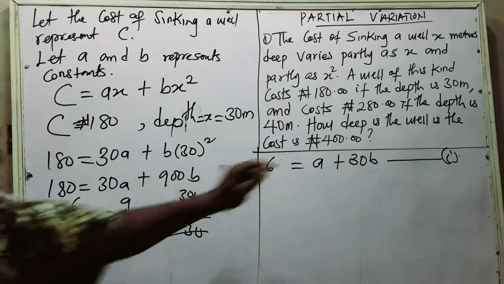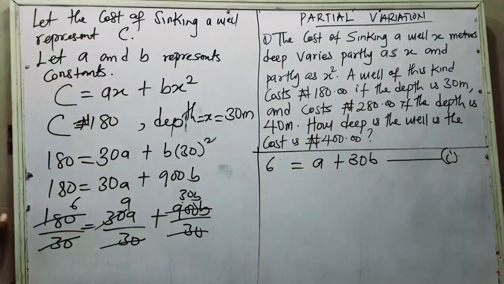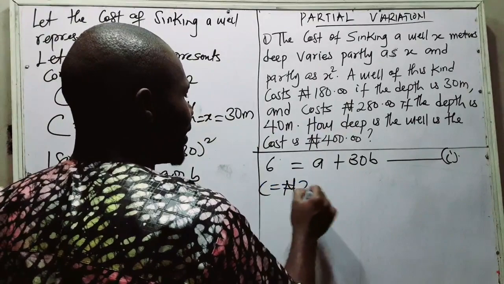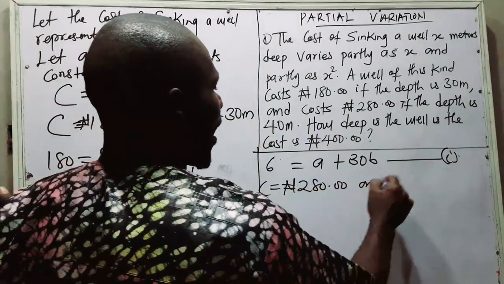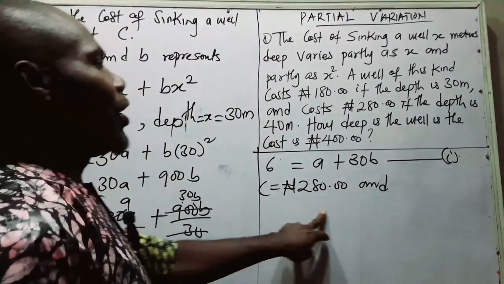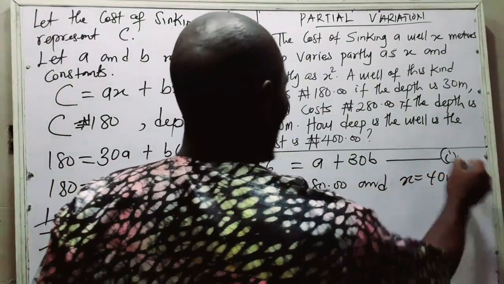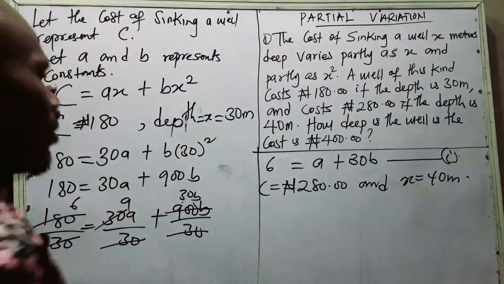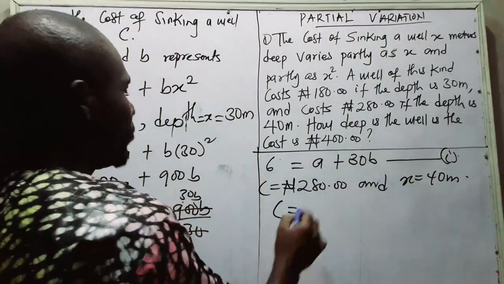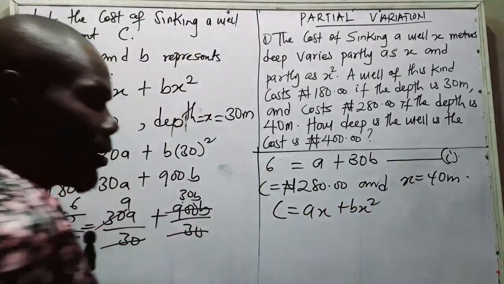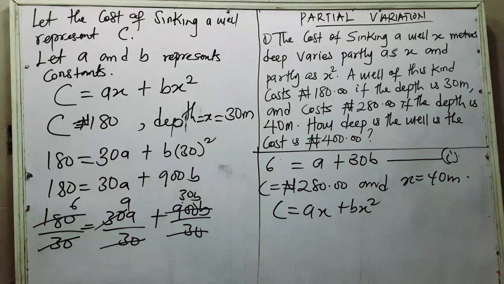So let's now represent the other value. If the cost is 280 naira and the depth x is equal to 40 meters, from the equation C = ax + bx squared, we substitute the value of C and the value of x.